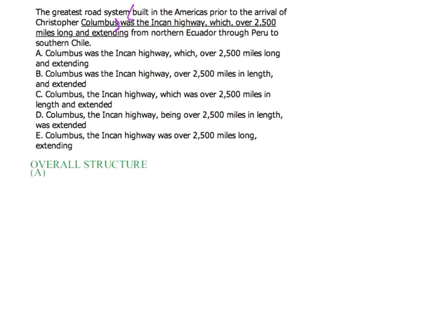Choice A says the greatest road system was the Incan Highway, comma, which over 2,500 miles long and extending. And then also this part is a modifier as well. So in terms of examining the overall structure, not really going to affect it.